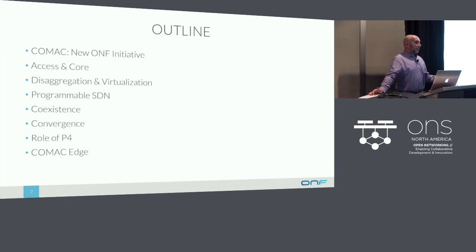And then that will lead us to convergence. But along the way, we'll also talk about how we can use SDN for programmable access, which is also an integral part of COMAC. And I'll very briefly mention the role of P4 towards convergence and end the presentation by giving you a synopsis of how the COMAC edge will look like.